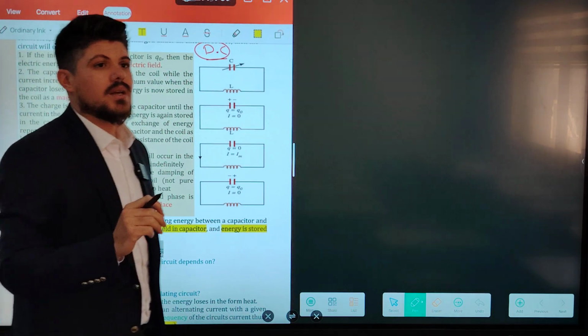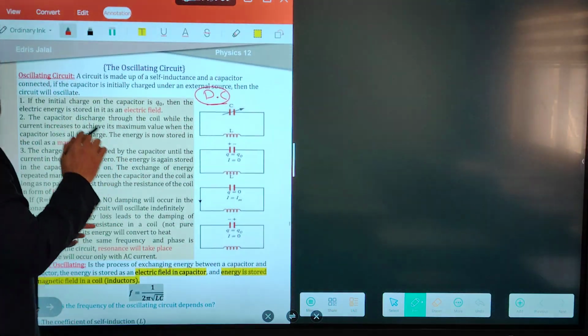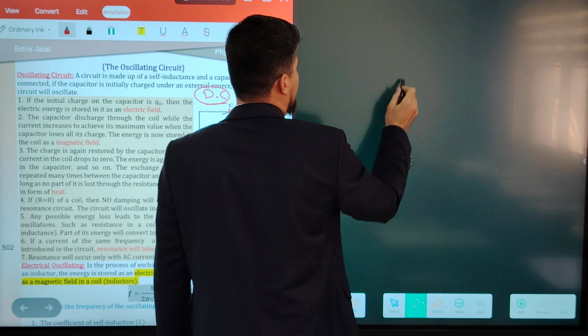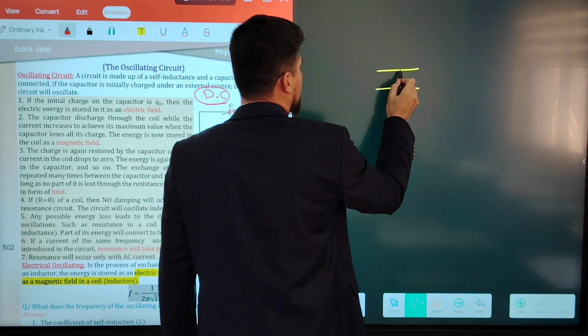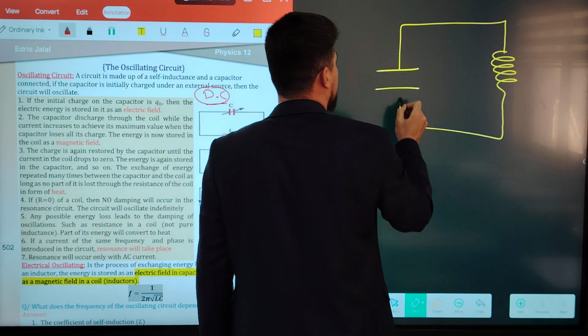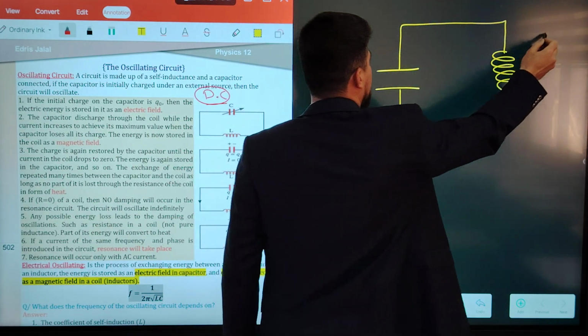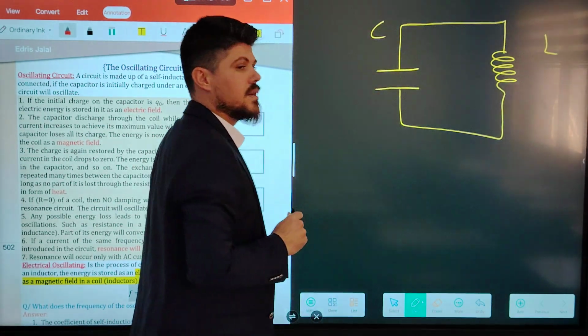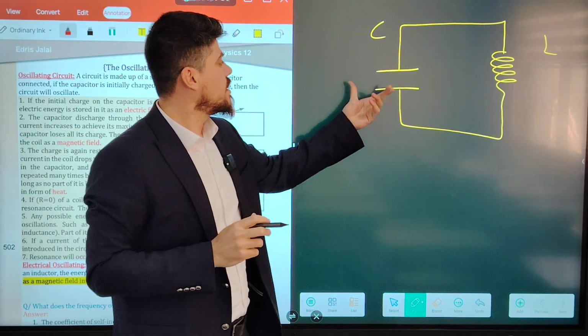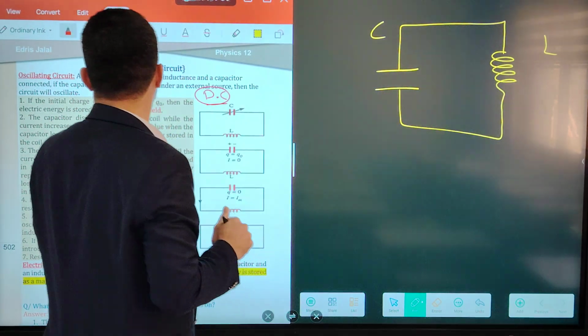Guys, in an electric oscillating circuit, we have inductance and capacitance, LC. In an electric oscillating circuit we have capacitance and inductance.